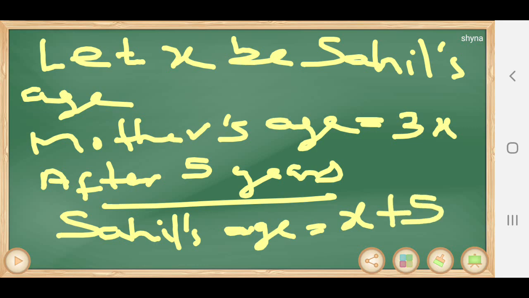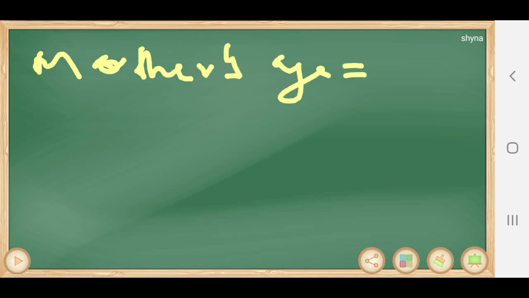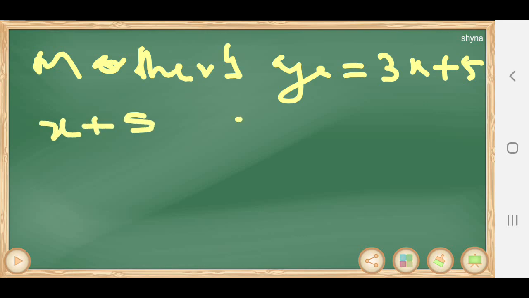Same way, the present age of mother is 3x. After 5 years, mother's age will be 3x plus 5. So after 5 years, Sahil's age is x plus 5 and mother's age is 3x plus 5.